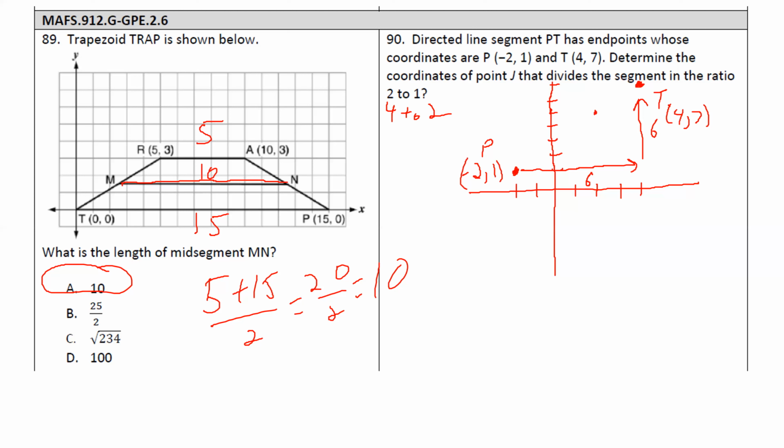We have ourselves a point. That point is at 2, 1, 2, 4, 5. And the lengths are separated into lengths of a ratio of 2 to 1. So from P to J is double the length from J to T. Yeah, 4, 5, that was our final answer.